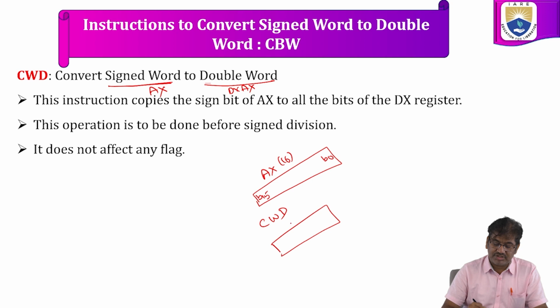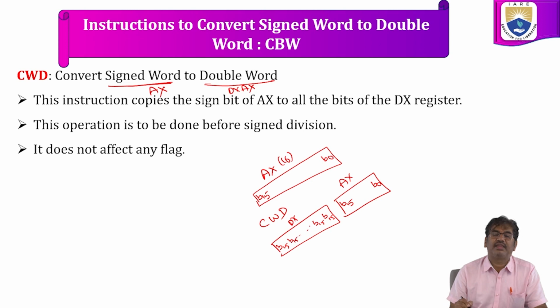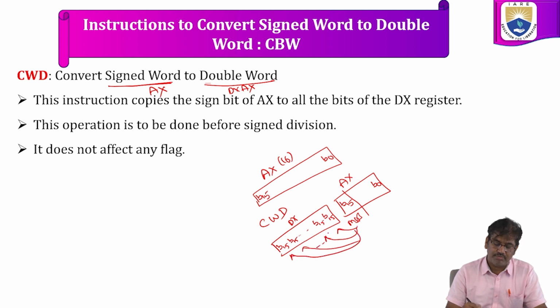After executing this instruction, we have the DX AX register pair, where AX will have the same contents, that is B0 to B15, whereas for DX, each and every bit will be filled with the sign bit of the AX register. The sign bit always will be in the MSB position. So this MSB bit will be copied into each and every position.